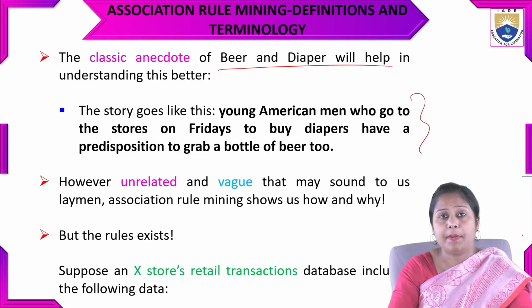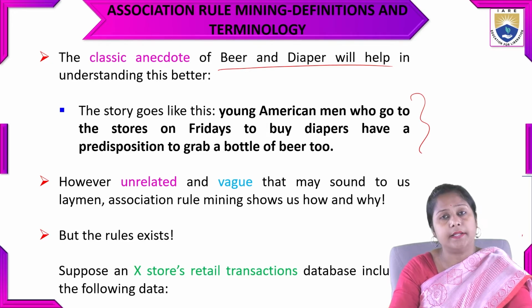Because the person likely has a small baby at home, and he cannot go out again and again to buy things. So he buys beer to have at home, for the baby. So that is the relationship.